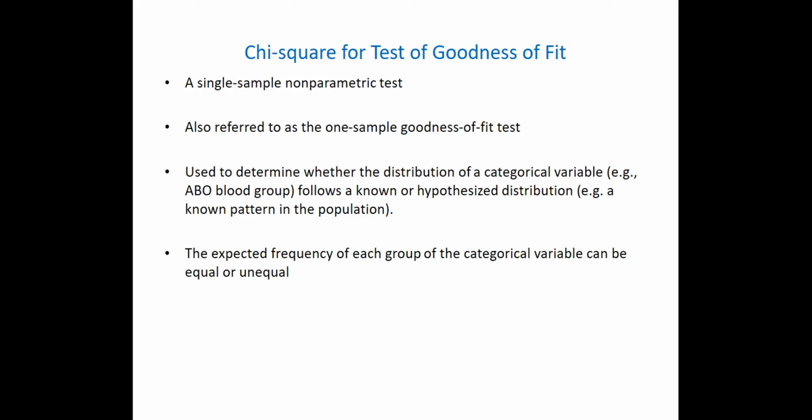Now, if studies have been done in a particular population and say this is the proportion of each blood group, A, B, AB and O. If there's a lab in that population, and as people are coming to the hospital you take their blood and do the blood group, you may see a pattern that is slightly different.